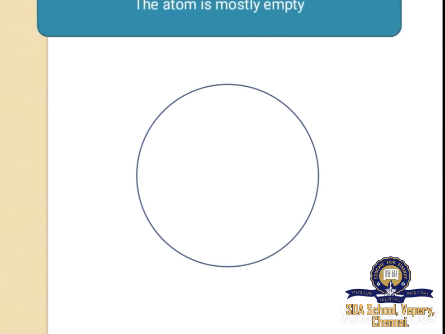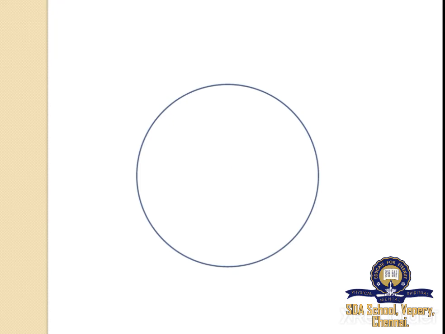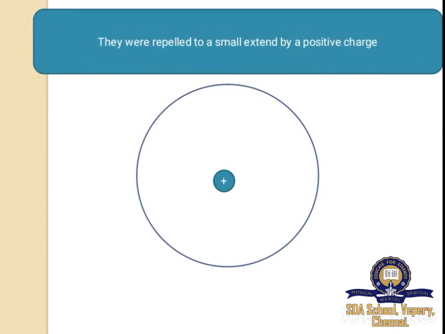A lot of alpha particles passed through the foil easily, which means there is a lot of empty space. He said that the atom is mostly empty. Then he observed that some alpha particles deviated slightly from their path, which means they were repelled to a small extent by a positive charge.